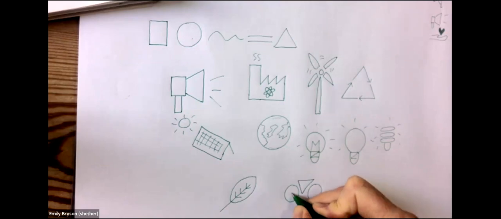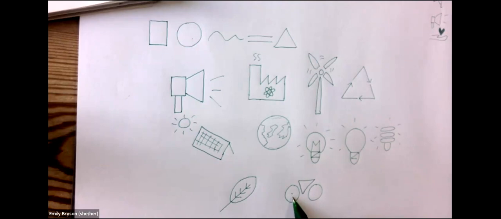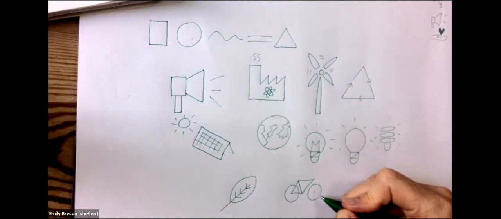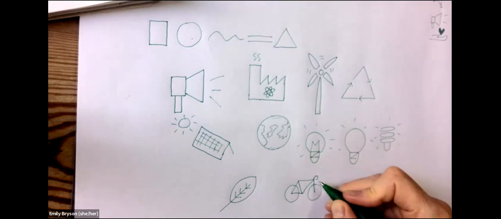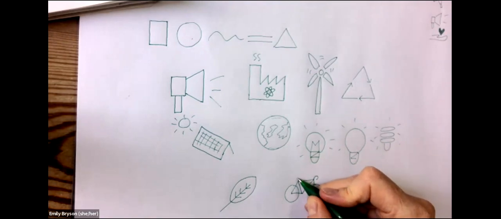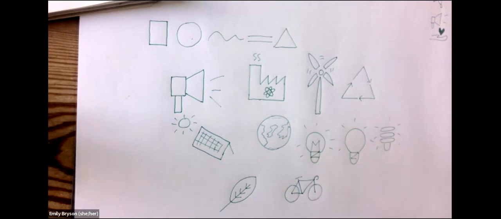And then the trick is to make sure that you start with the middle of the wheel, and then just connect the triangle from the middle of the wheel. And again, start with the middle of the wheel for your forks and go round. I quite like having dropped handlebars, and then add on the saddle. And then you've got your green travel.